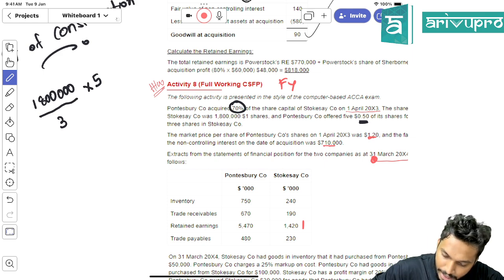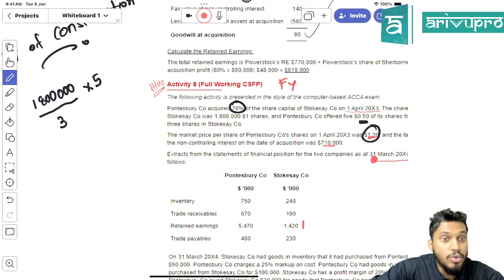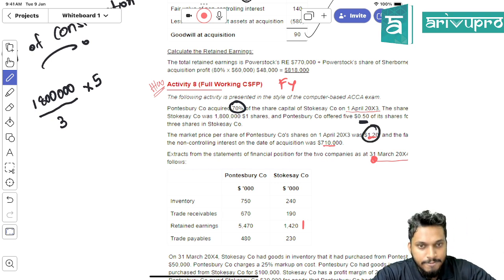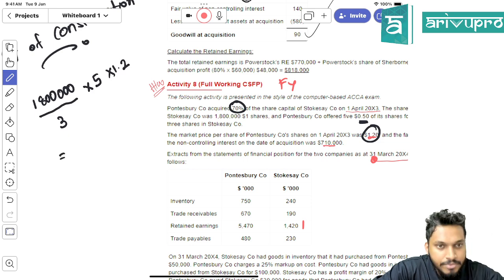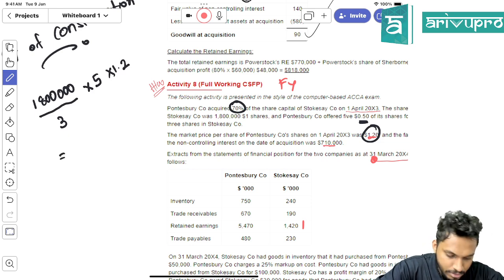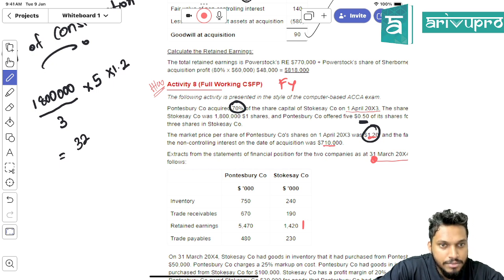Then at a price of $1.2. Always you need to take the market value. At the price of $1.2, so that is how much? The entire total after calculation is 3.6 million.